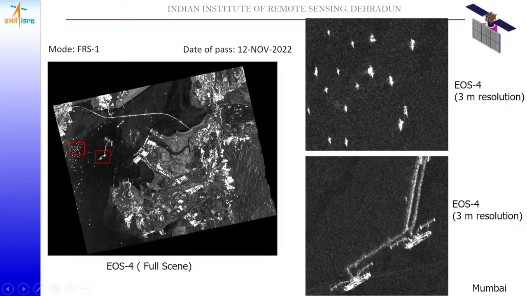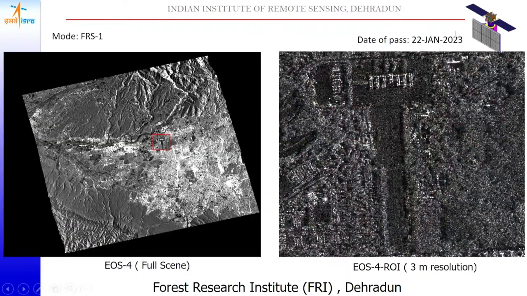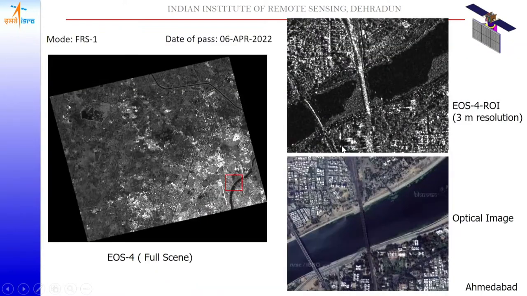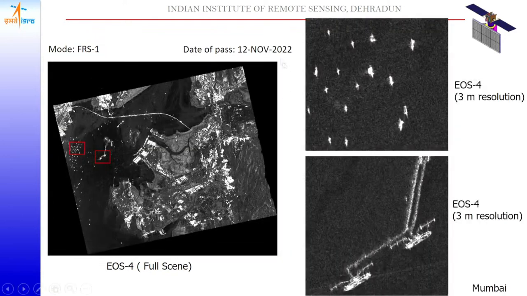And this is the Mumbai area. You can see in this Mumbai data that the date of pass is different. It is recently acquired data. The dates of pass are 22 January 2023 and 6 April 2022. This is Ahmedabad, and this is the Mumbai area of 12 November 2022.